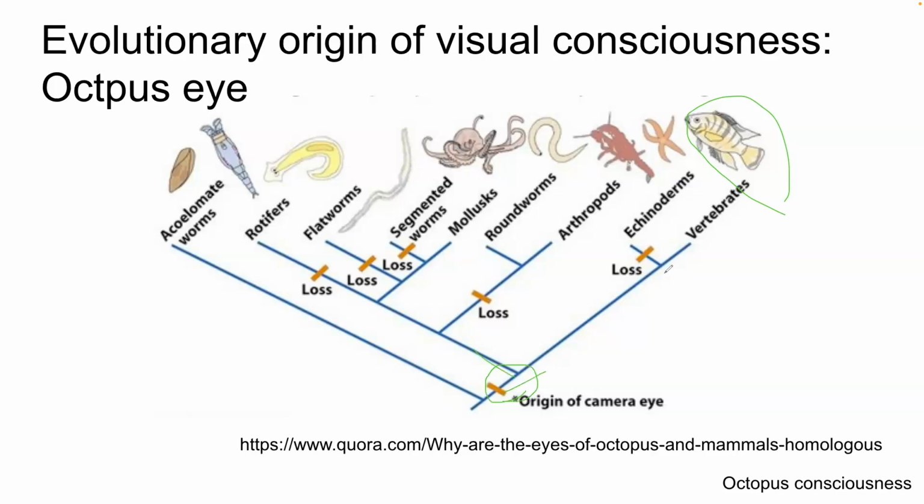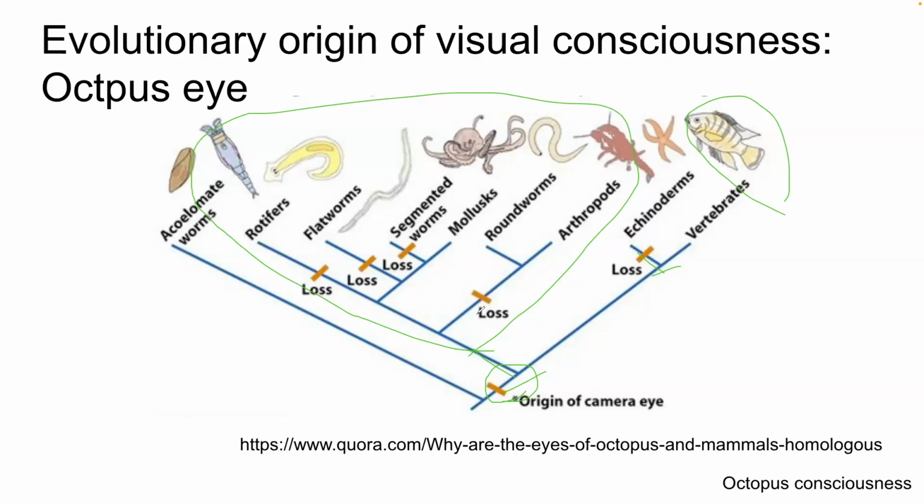And then here it branches into echinoderms, like starfish, which happened after. That contains something similar to us, okay? And then these very different guys here include shrimp and worms and the octopus and also flatworms and planaria and so on.